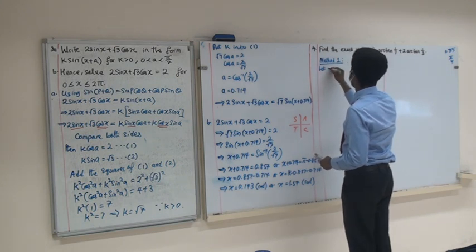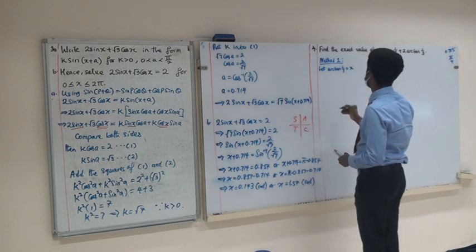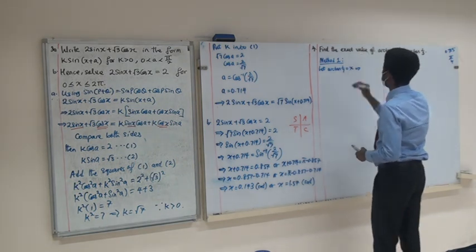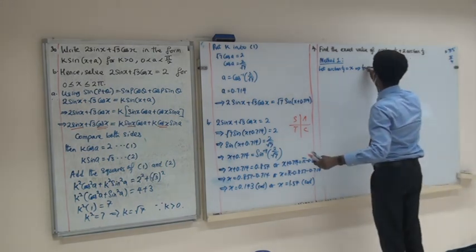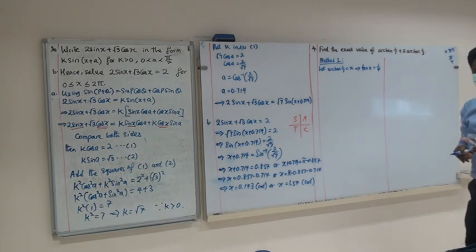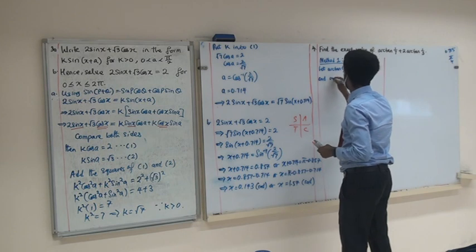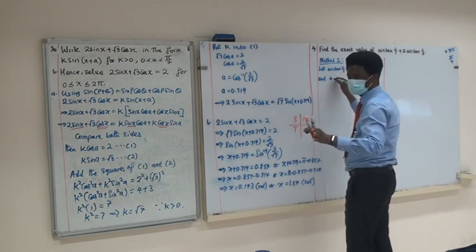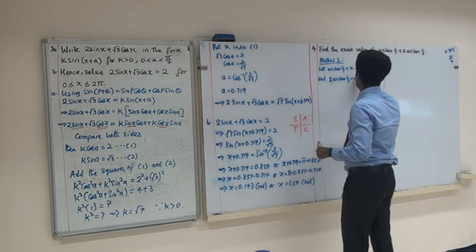Let arctan 1/7 be x, which implies tan x equals 1 over 7. And let 2 arctan 1/3 be y.